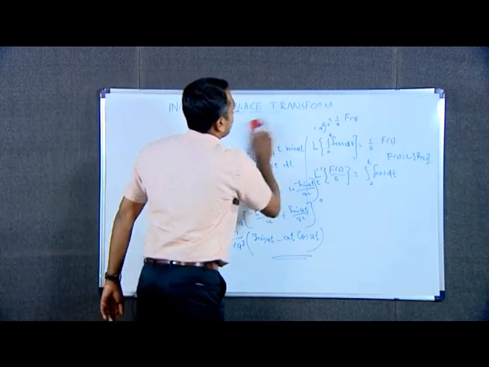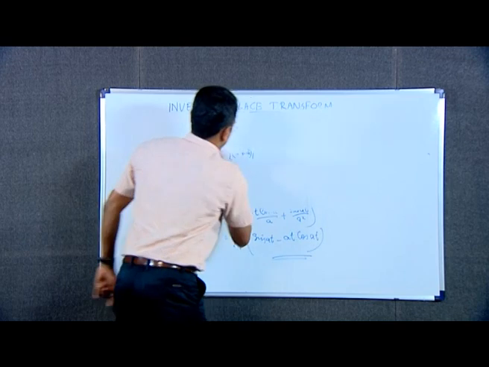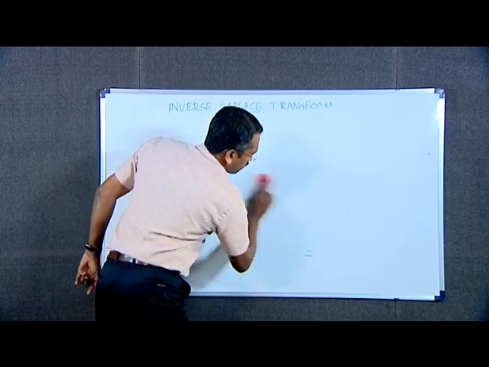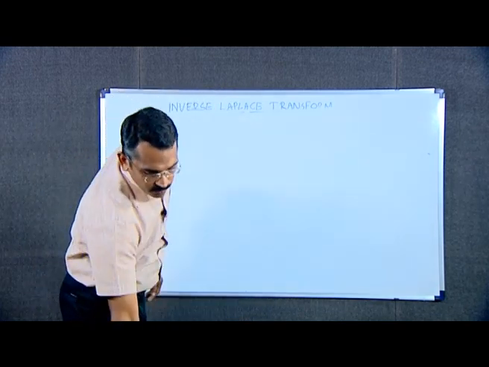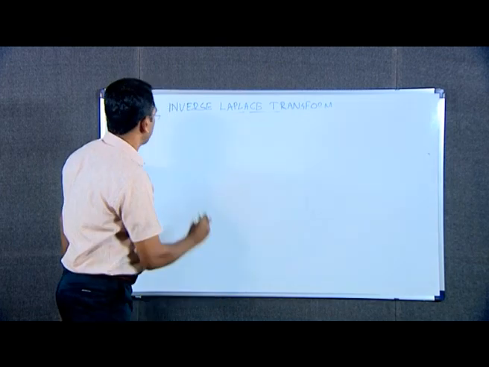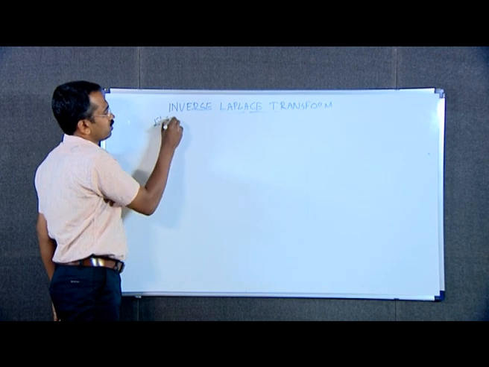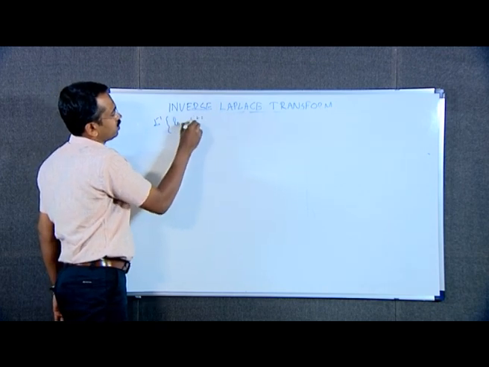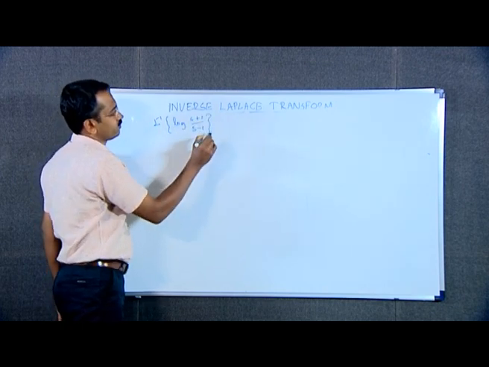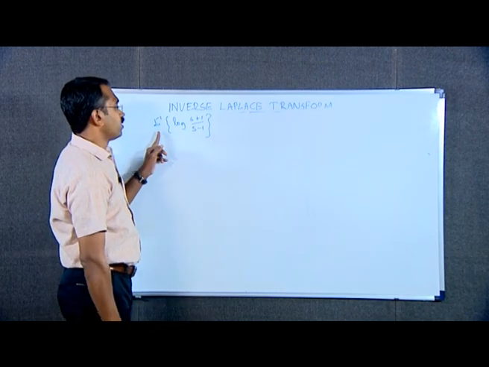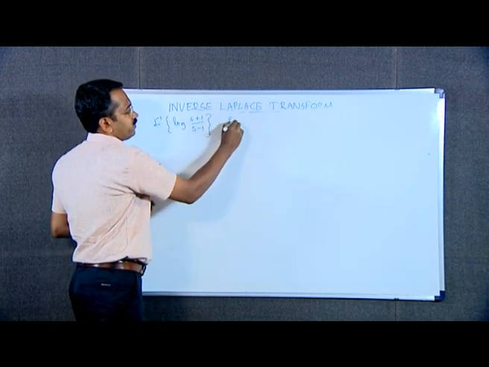Now consider the function log of s plus 1 divided by s minus 1. We have to find L inverse of log of s plus 1 divided by s minus 1. Let it be f of t.